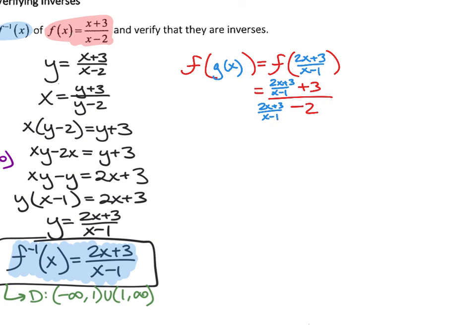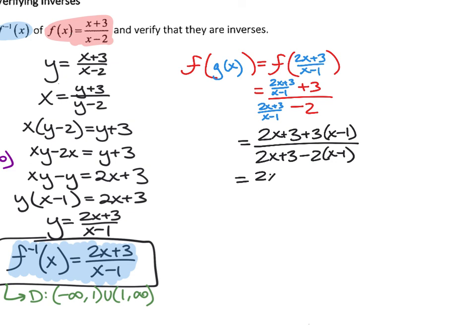We'll multiply everything by x minus 1, which means we have 2x plus 3 and then 3 times x minus 1. And then 2x plus 3 minus 2 times x minus 1. Just getting rid of the denominator by multiplying it to everything. Do some distribution. That's 2x plus 3 plus 3x minus 3.